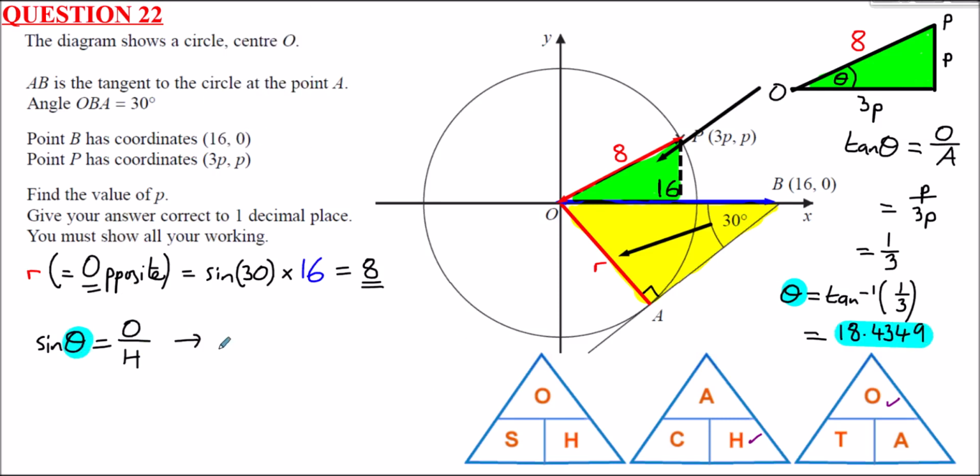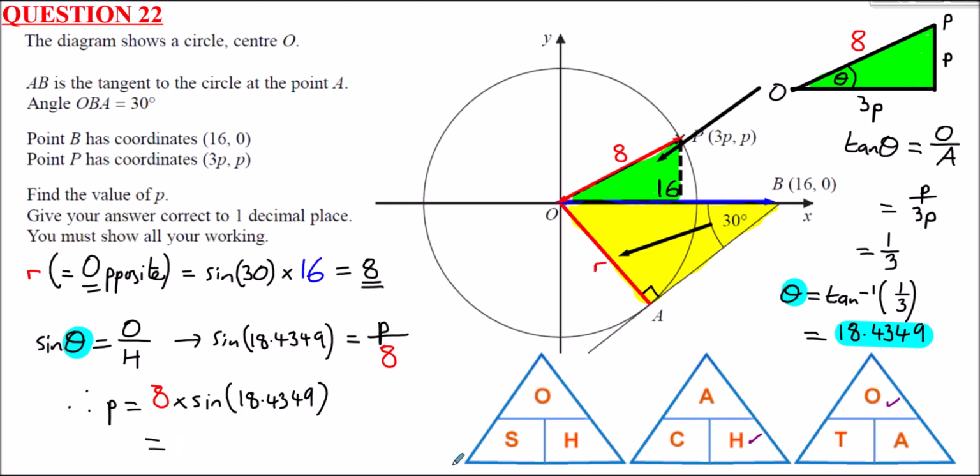So sine of that angle equals the opposite, which is P, divided by the hypotenuse. The longest side is 8. Then if we rearrange this formula, if we just multiply both sides by 8, we'll see that therefore P equals 8 multiplied by sine of 18.4349, and then we've got our answer.